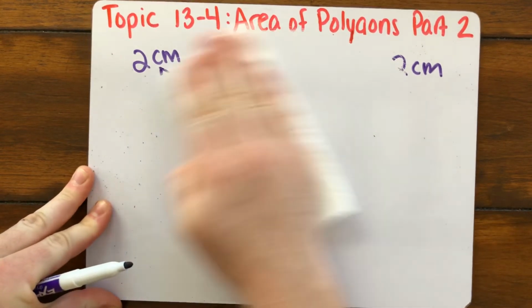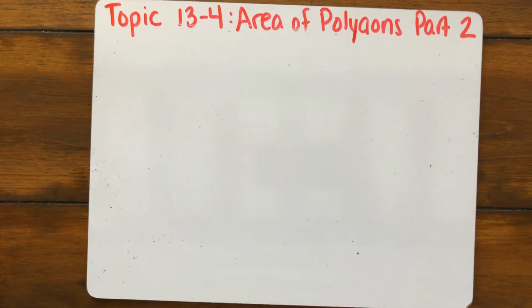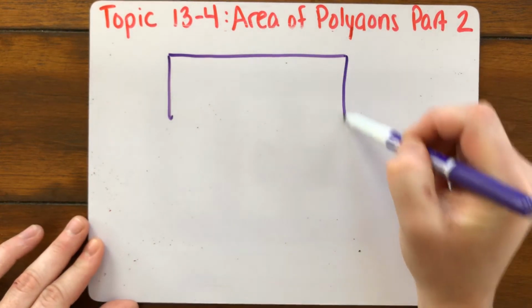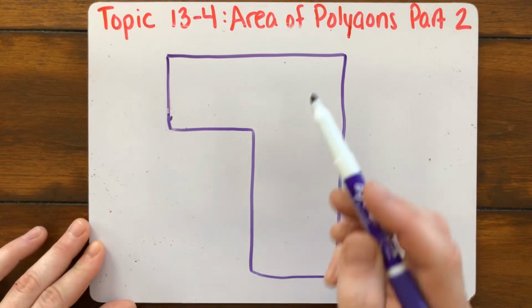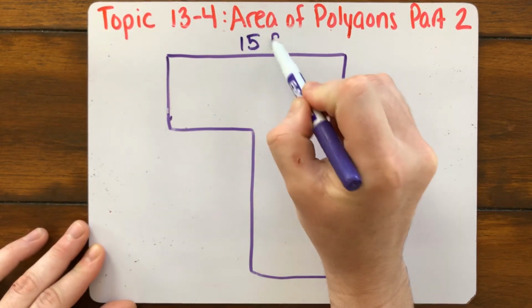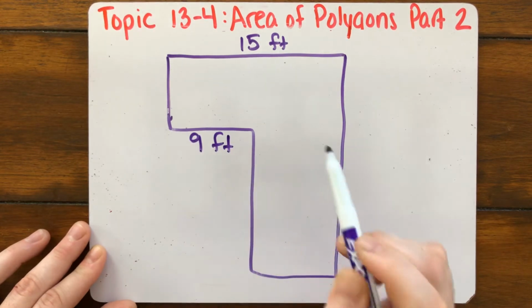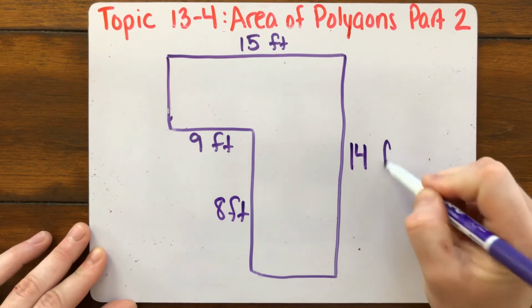All right, I'm going to give you one more that I want you guys to try on your own and see how you do. All right, so this is the one that I want you to do. So this is 15, this is 9 feet, 8 feet, and 14 feet.